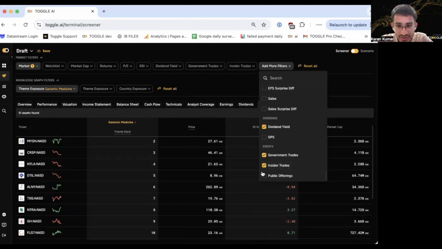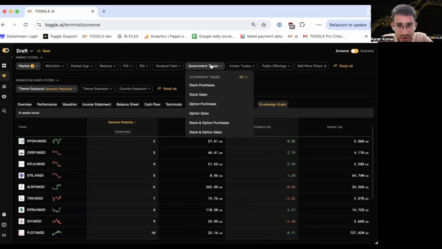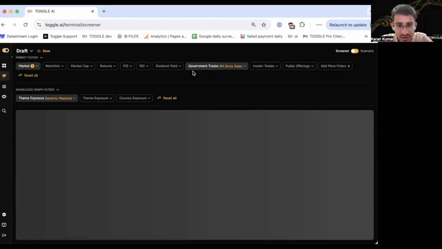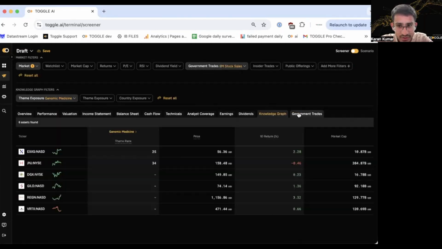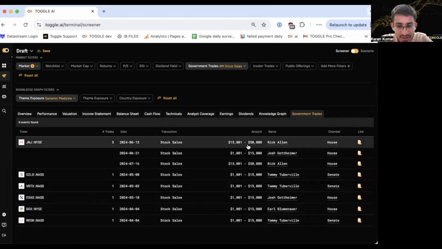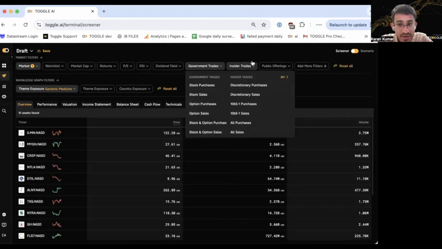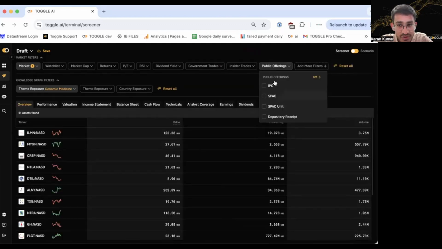So you can say, for example, US stocks with exposure to genomic medicine, where there recently has been a sale of stock. And it'll show you which of the people in the company have been selling stocks recently, or where there have been insider sales, or where there's been an IPO.